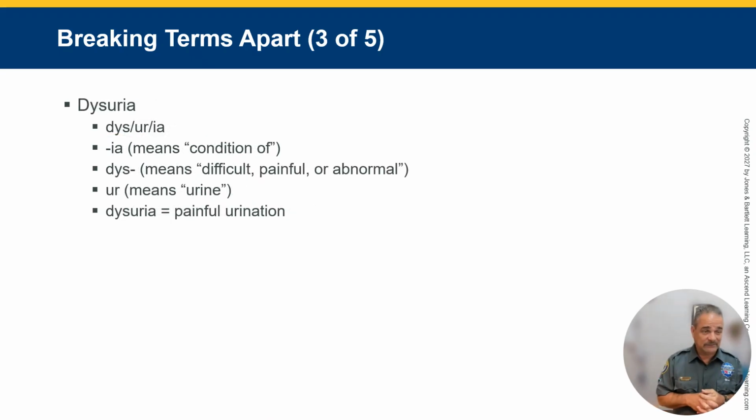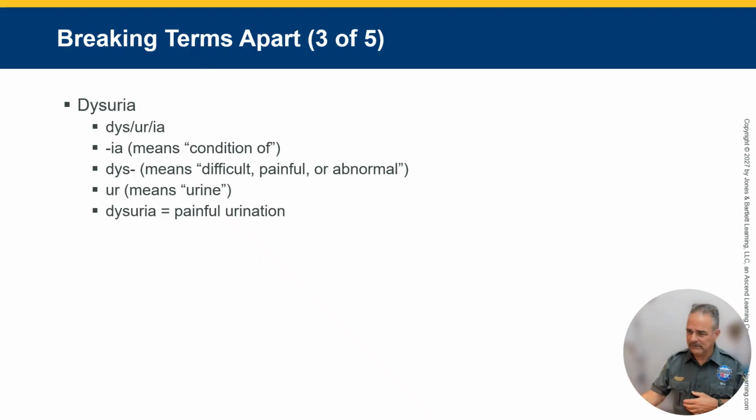Dysuria. IA at the end is your suffix, meaning a condition of. Dys, D-Y-S, there's your prefix, meaning difficult, painful, or abnormal. U-R means urine.